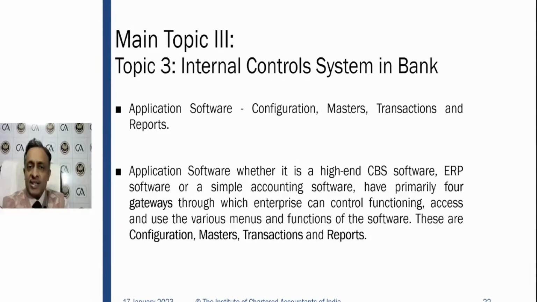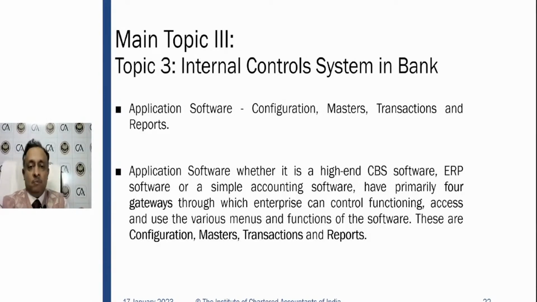It's a phenomenal discussion, and believe me, from CA Inter to CA Final, then you become a chartered accountant, and all of those who are going to go in practice, these words are going to be important if you take bank audit as one of the revenues for your practice area. So it's a phenomenal discussion to learn.